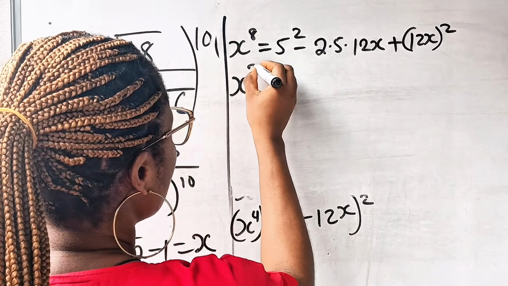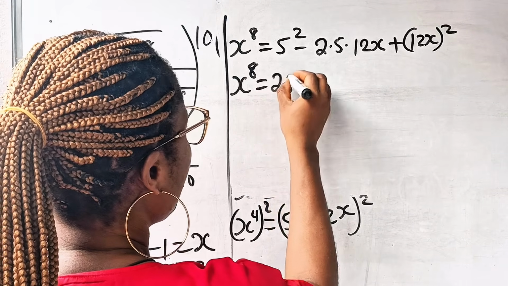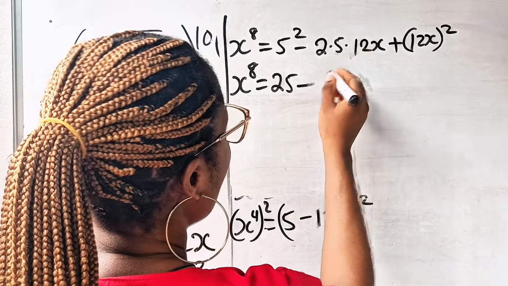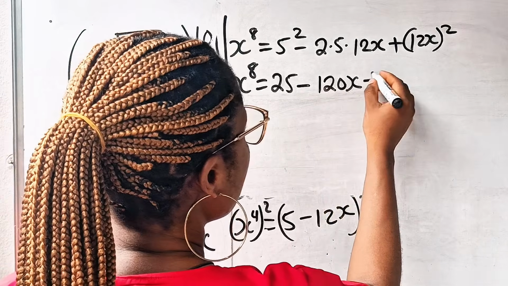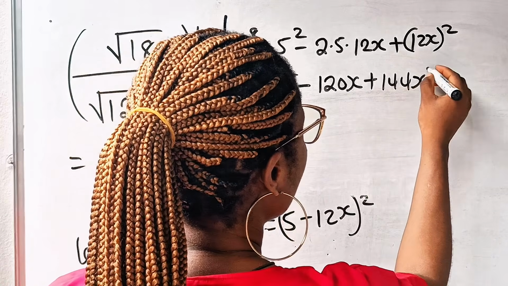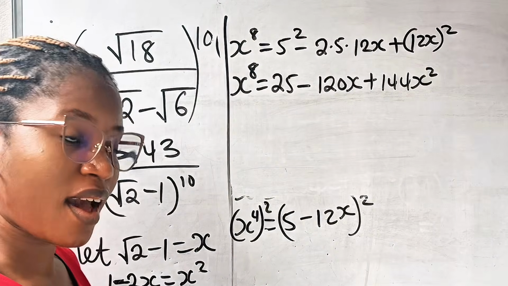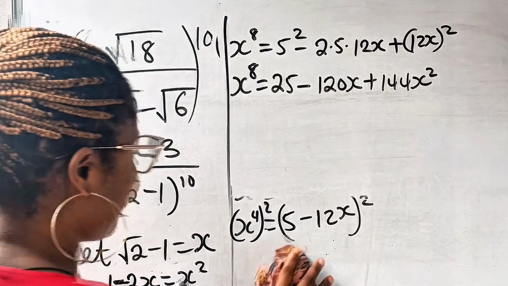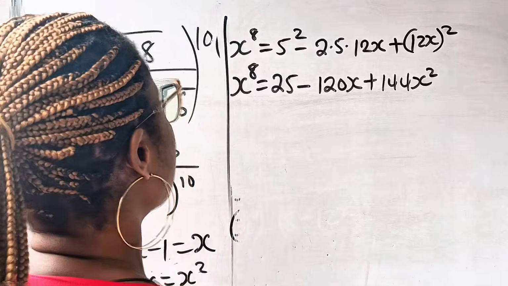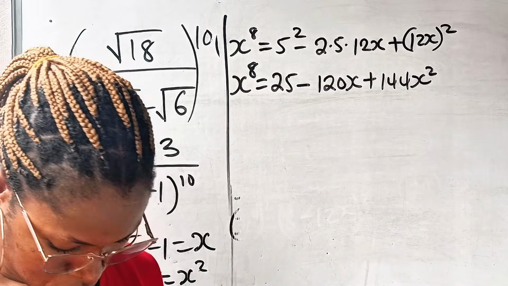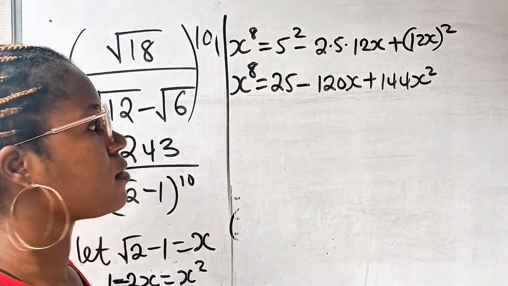So we have x to the power of 8 is 25 minus 120x plus 144x squared. It has gotten to the point where I need to be careful so that I don't make mistakes with the numbers. But if I do, just pardon me, all right?